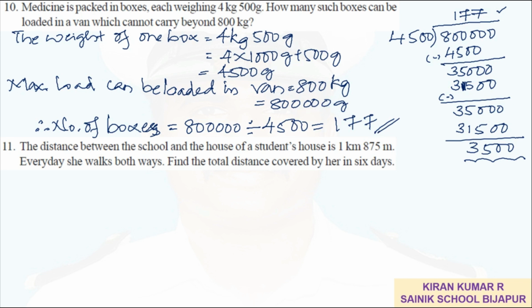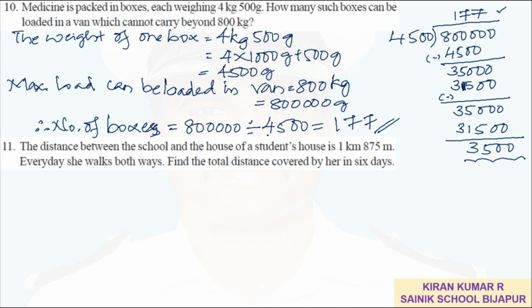Alright, we'll solve 2 more questions and then we'll complete this exercise. Question 11. The distance between the school and the student's house is 1 kilometer 875 meter. Every day she walks both ways. Find the total distance covered by her in 6 days.